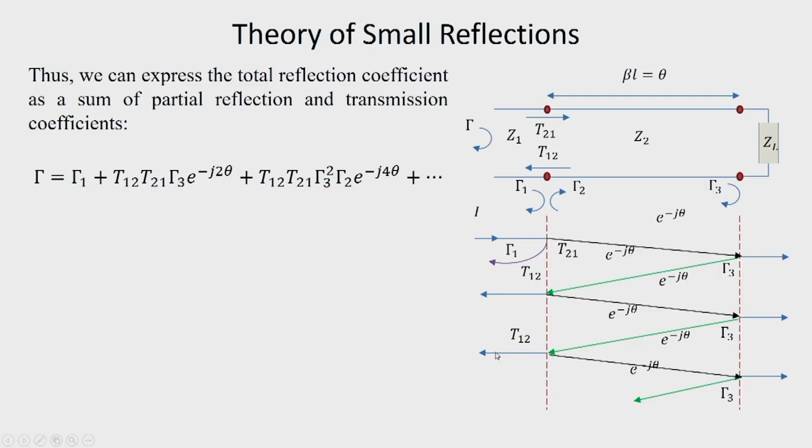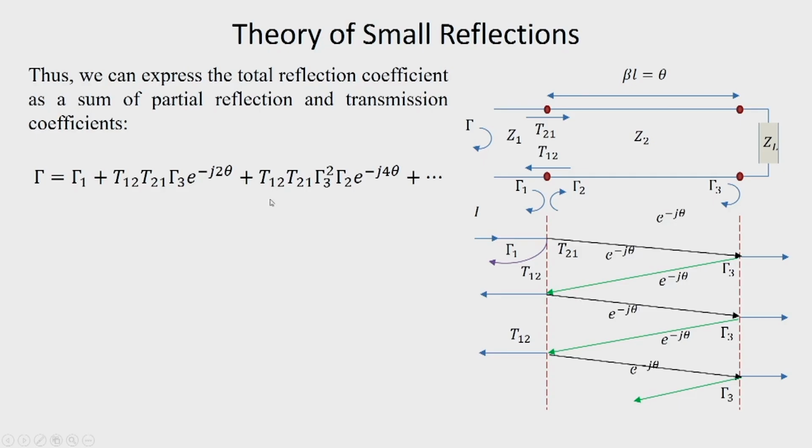Similarly, from here the partial reflected term is T12 T21 gamma 3 square, because now it will undergo another reflection here, and another gamma 2 will come here, because this signal is the reflected from here.